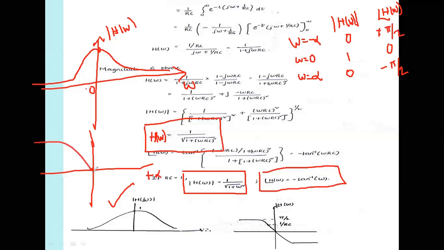So it varies from plus pi by 2 to minus pi by 2. The phase angle is plus pi by 2 and minus pi by 2. Got it, my students? The characteristics are like this, the plot of magnitude and the phase.